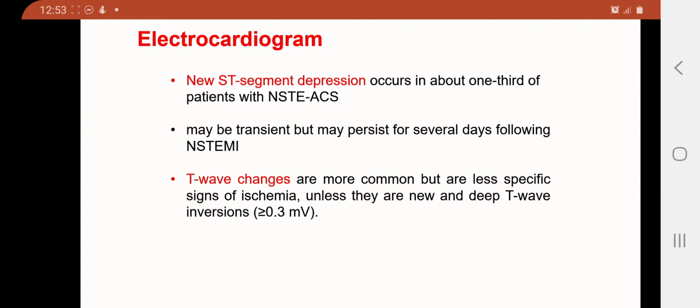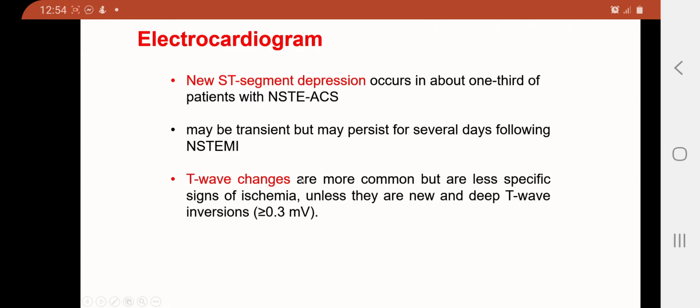In the electrocardiogram, you can have ST segment depression in about one-third of patients. It may be transient but may persist for several days.